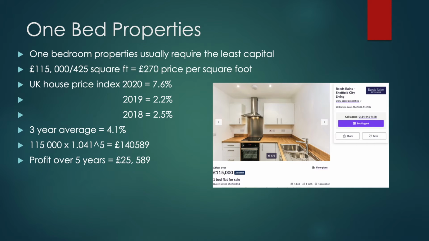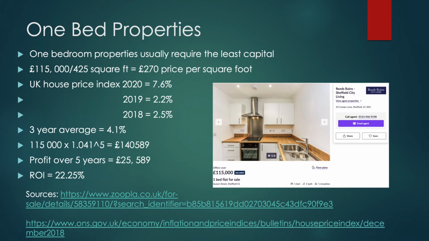So we can see that profit over 5 years should give us approximately £25,000. This would give us a return on investment of 22.25%. My sources for this property, I found this property on Zoopla, and I've also used the Office for National Statistics to give me my UK house price indexes.